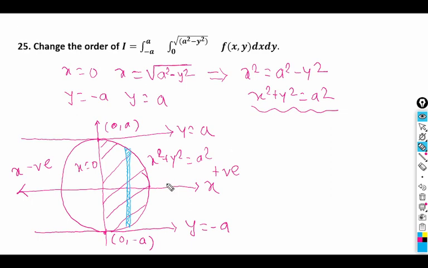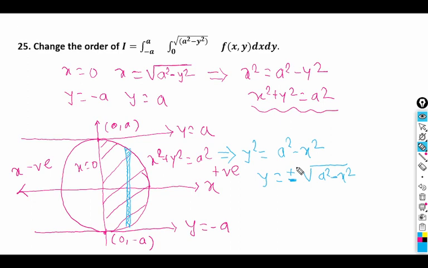Remember, we first write the value of y in terms of x. So x square plus y square is a square, means y square equal to a square minus x square. So what is y? Taking square root on both sides, y is the root of a square minus x square. But whenever we take a square root, we have two signs, plus or minus.